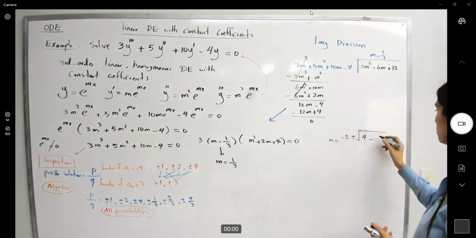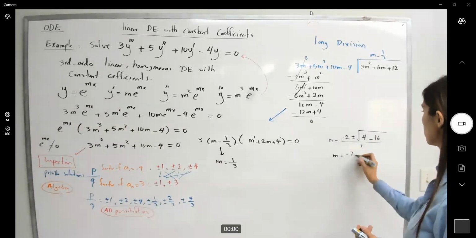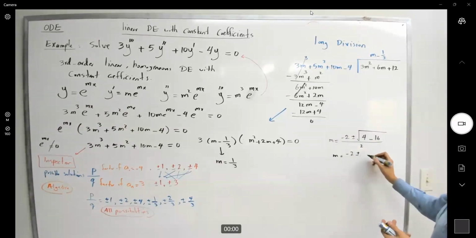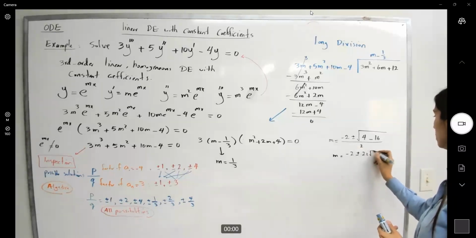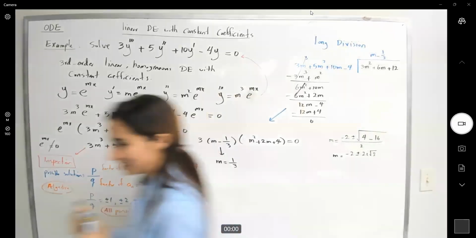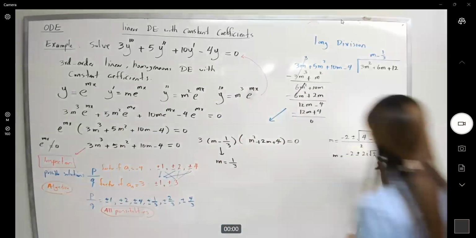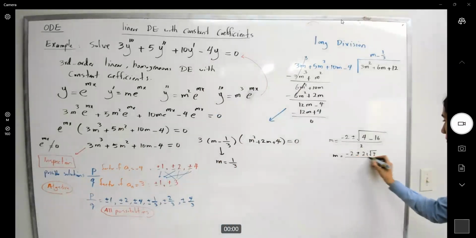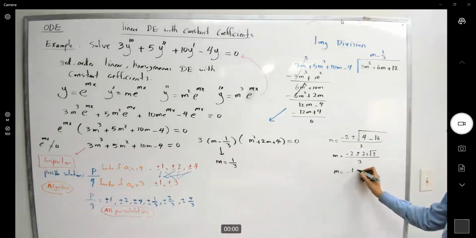Our discriminant is going to be negative, so it becomes -2 plus minus 2i square root of 3 divided by 2. So m becomes -1 plus minus i square root of 3.